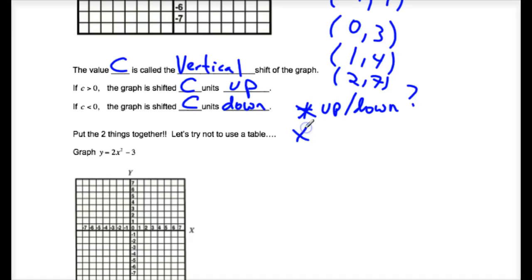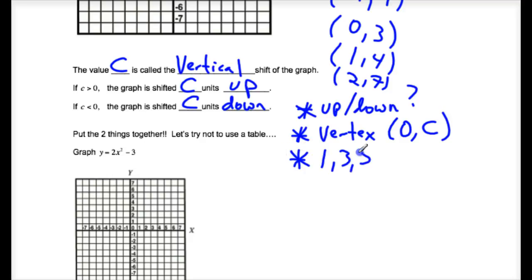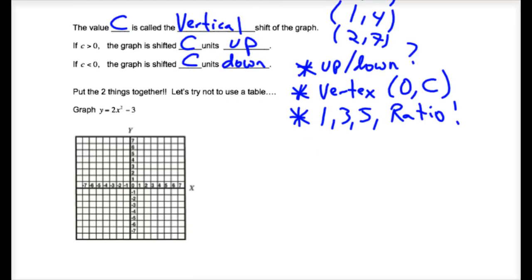You're going to use your vertex is at 0, C. That's easy. That's what you just learned. And then you're going to use the 1, 3, 5 ratio. Once you do this several times, guys, you'll be amazed at how fast you get a graph.